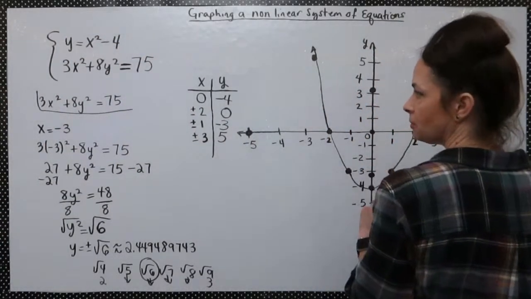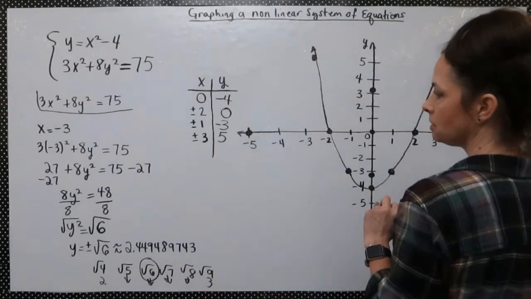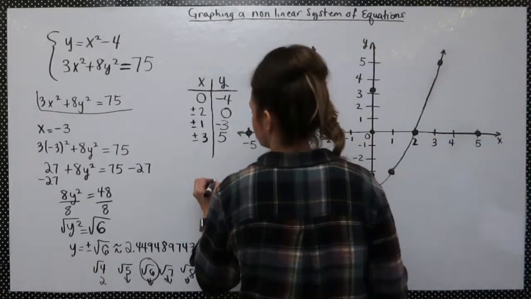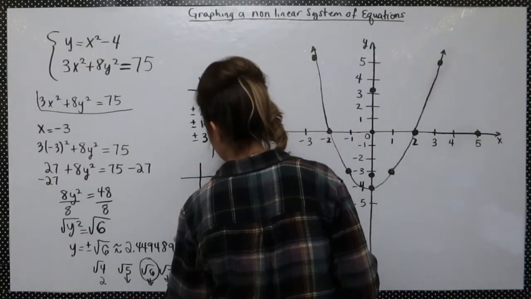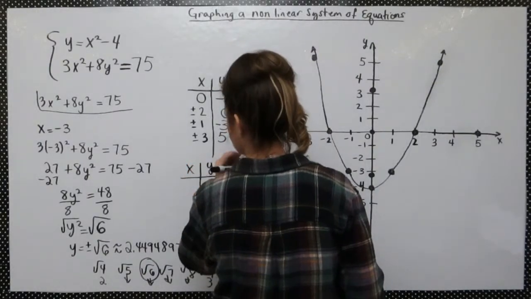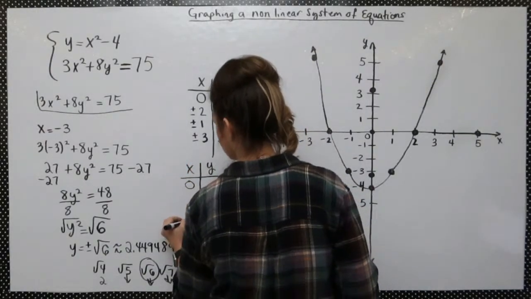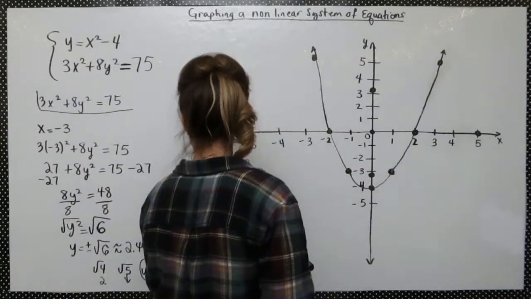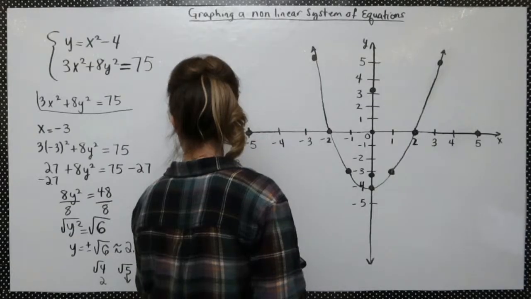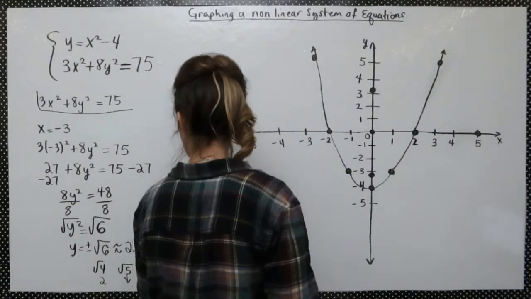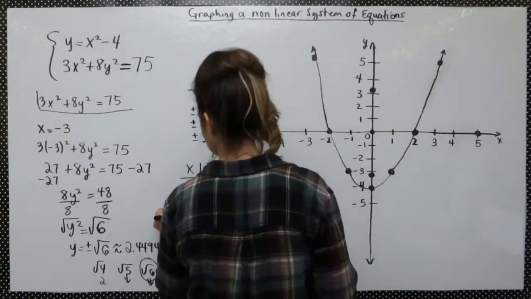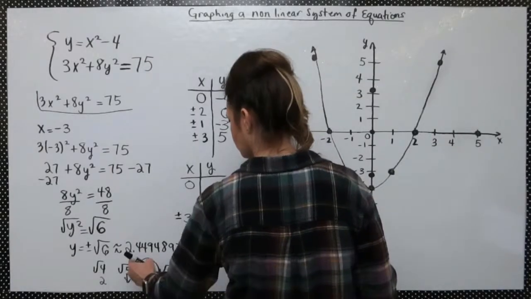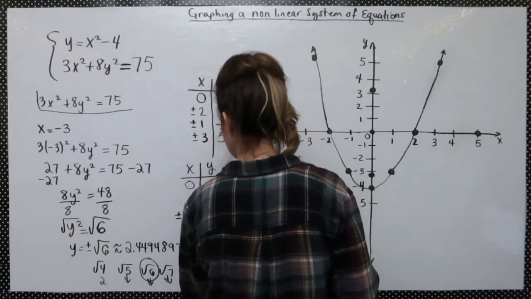So we have this point. Where is my table? Did I erase my table? Okay, let's put it back in here. So we had 0, 0, and we plugged in -3, and we did plus or minus because it's going to give us the same value. And we got plus or minus radical 6.